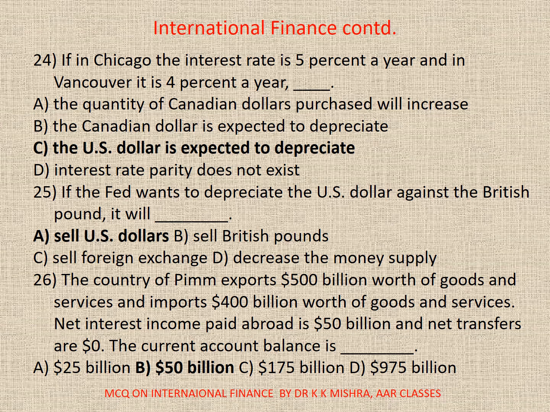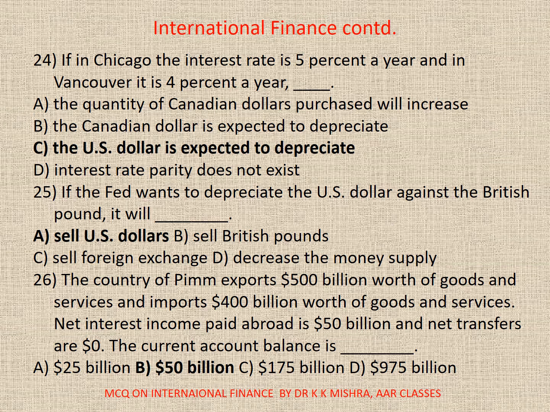If in Chicago the interest rate is 5% a year and in Vancouver it is 4% a year, dash, then here correct option is C, the US dollar is expected to depreciate. 25. If the Fed wants to depreciate the US dollar against the British pound, it will dash, correct option is A, sell US dollars.